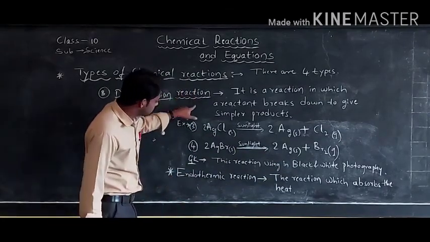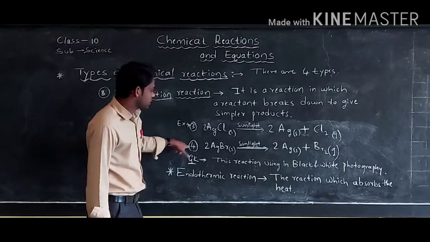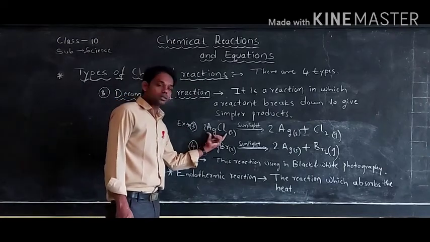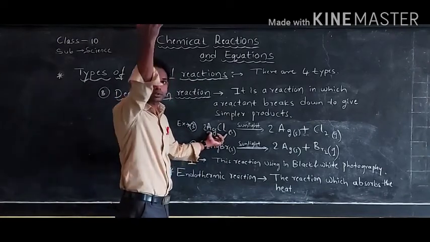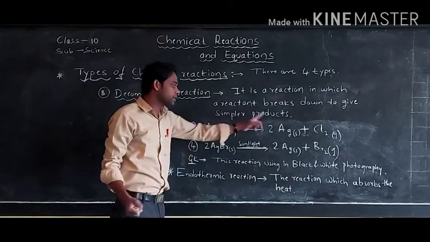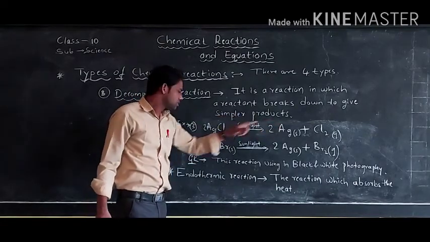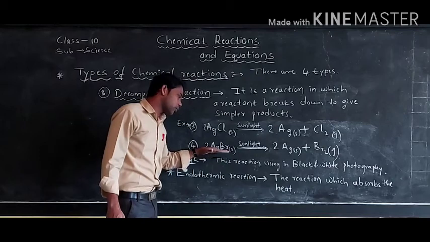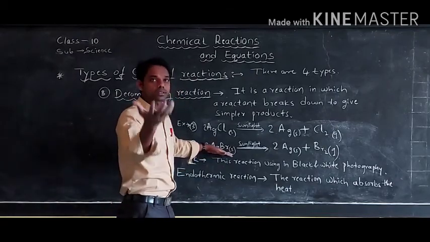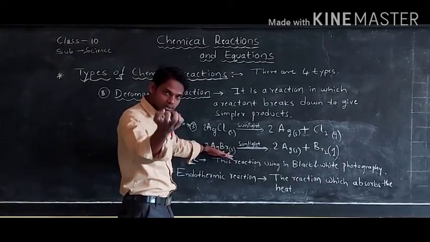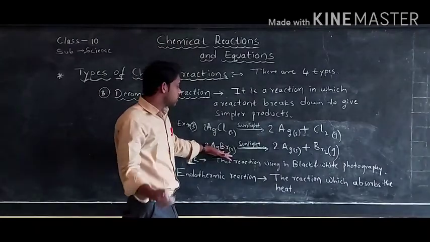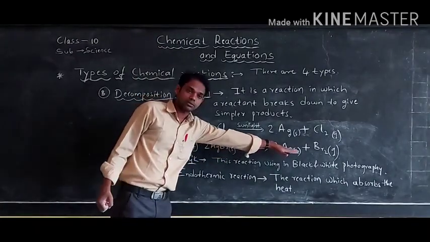See these two examples. When silver chloride is exposed to sunlight, it absorbs the heat and breaks up into silver and chlorine. And second one, when silver bromide is exposed to sunlight, it also absorbs the sunlight and breaks up into silver and bromine.